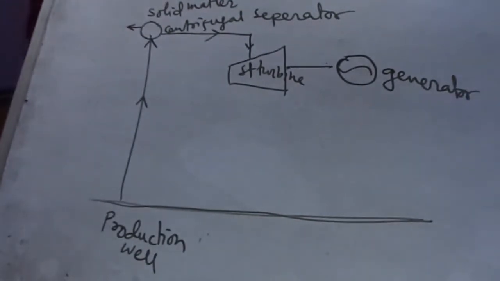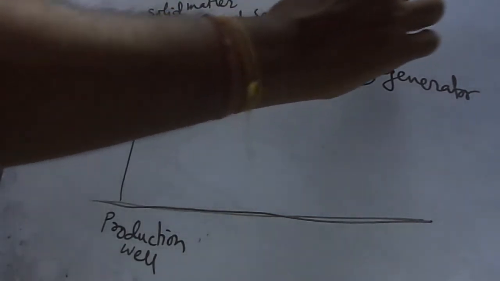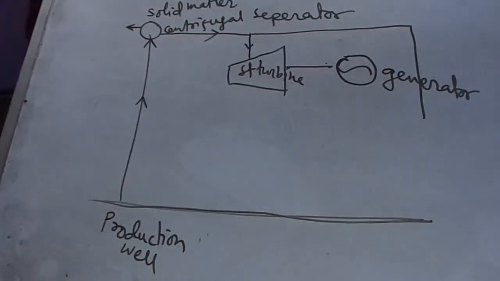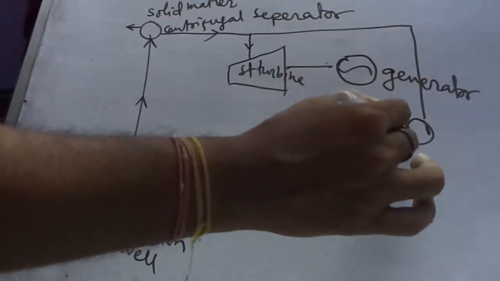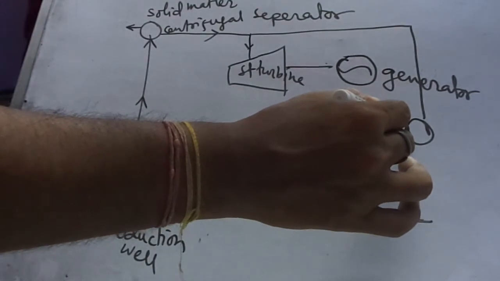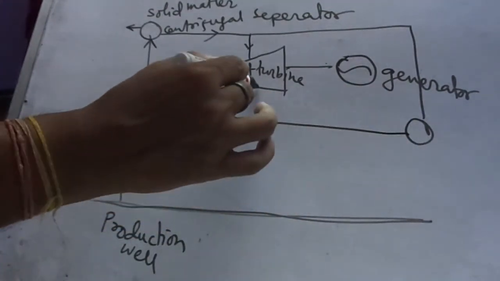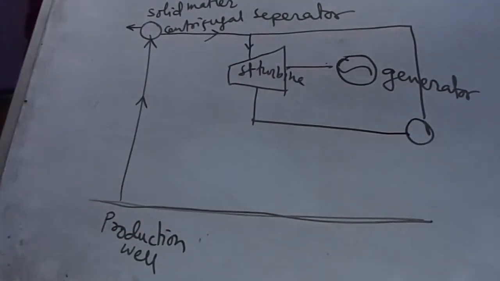Another line carries non-condensable gases to the steam ejector, comes down and goes to here, and there is another line that comes down.